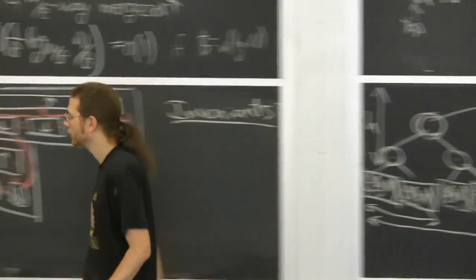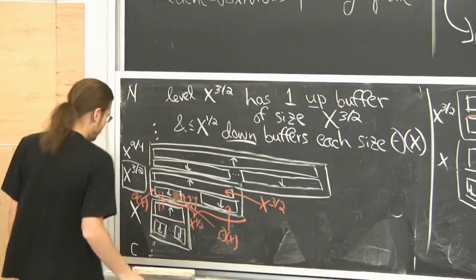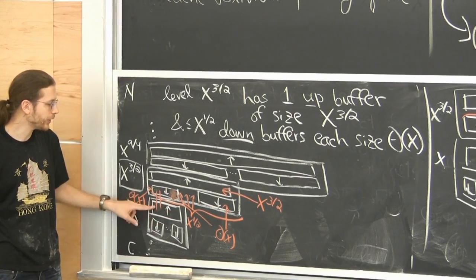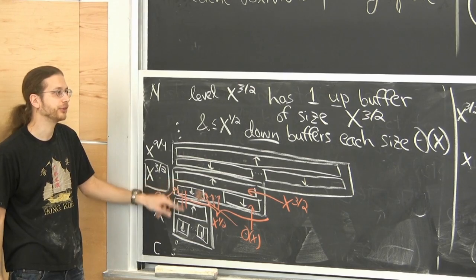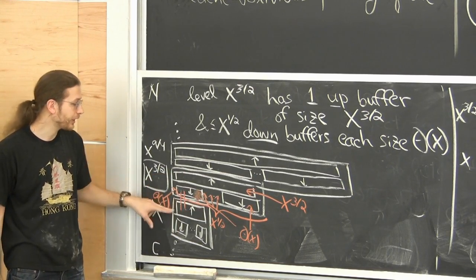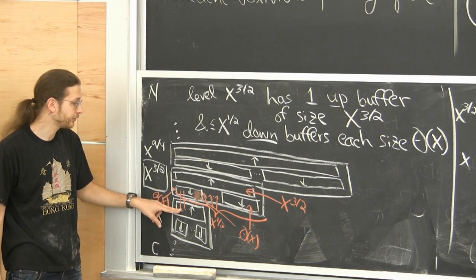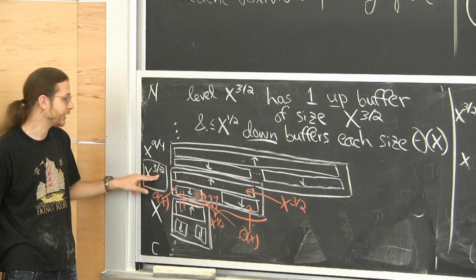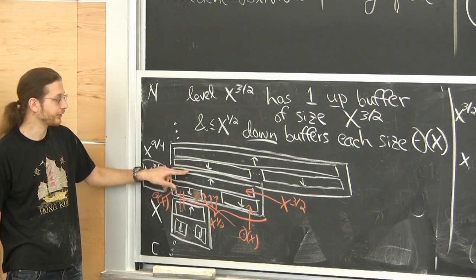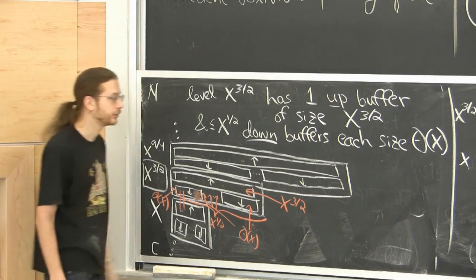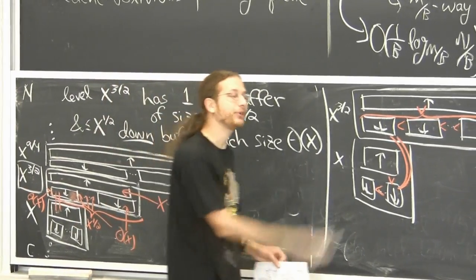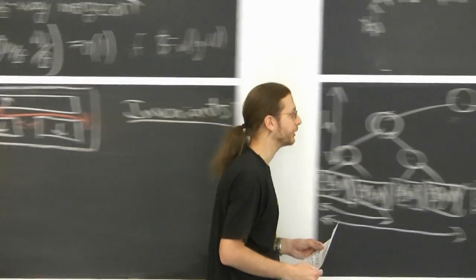Why is that? If we're at level X and our up buffer overflows and we're trying to push into the next level, level X to the 3/2, then the up buffer has the same size as the level name: size X. We're trying to push X items up into the next thing. We're going to empty out the up buffer and send all those items up there.